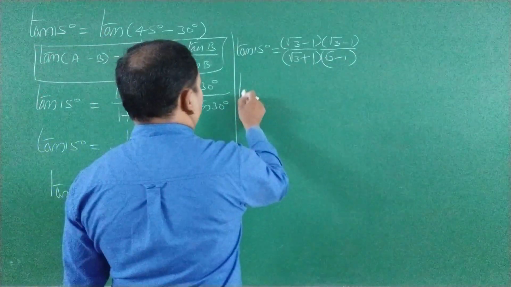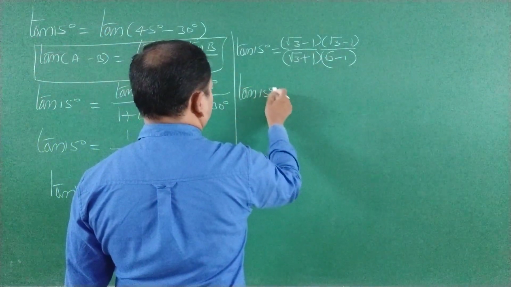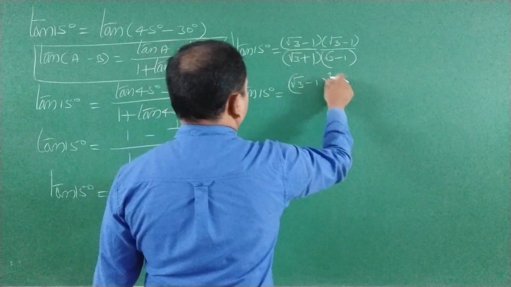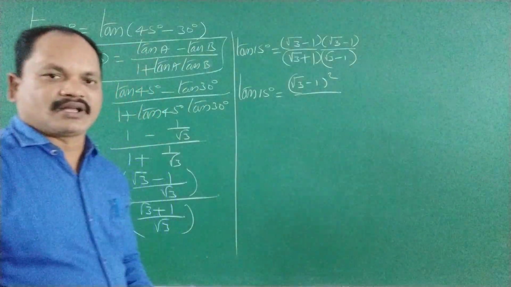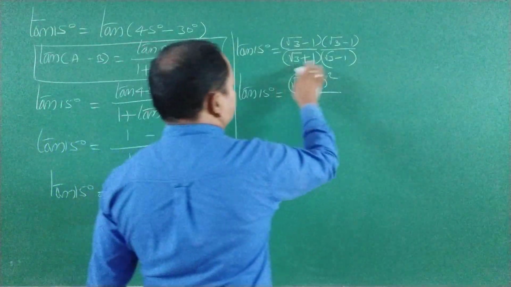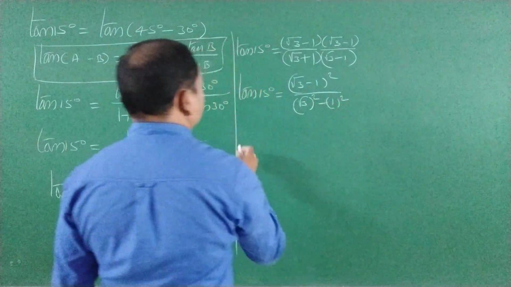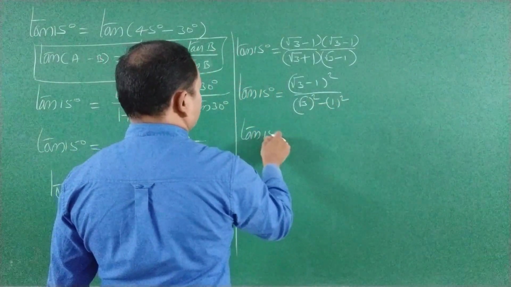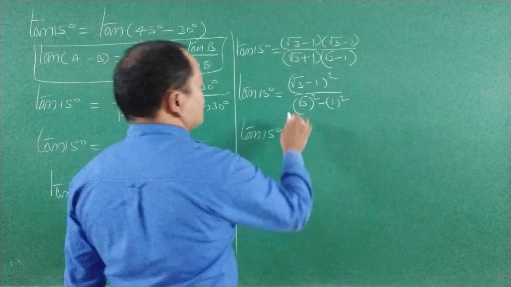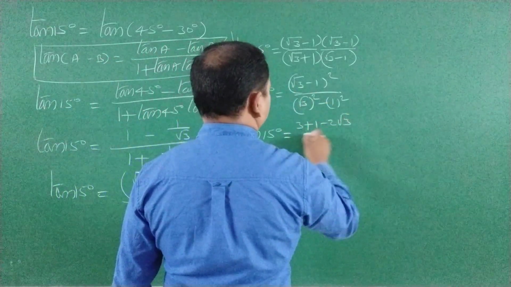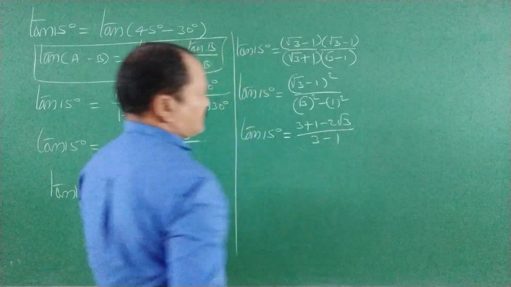Now tan 15 degrees is equal to (root 3 minus 1) whole square in the numerator. In the denominator, a plus b into a minus b is a square minus b square, root 3 whole square minus 1 square. Now expand this: 3 plus 1 minus 2 root 3 by 3 minus 1.